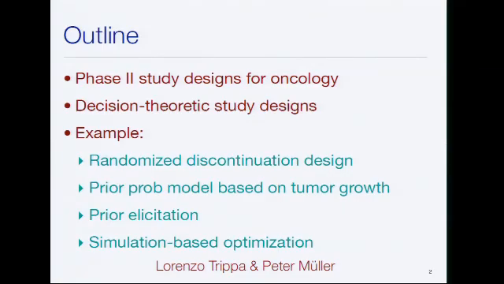This is joint work with Lorenzo Tripa, who's now at Harvard, and Peter Mueller, who is now at University of Texas, Austin, except right now he's sitting right in the second row.